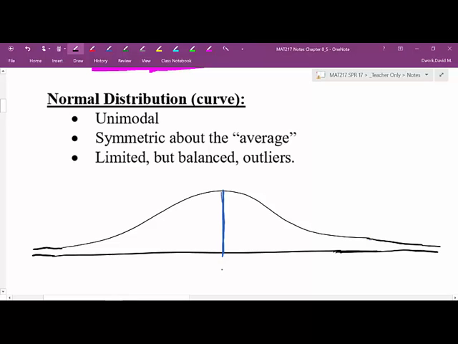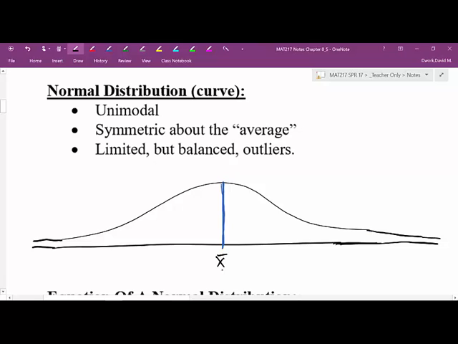And so what we're saying is the average comes in the middle, and that could be any of our versions of average. It could be mean, it could be expected value, it could be any measure of central tendency that fits as long as it has these properties. Unimodal, aka one mode, single mode. It has to be symmetric about the average, symmetric about the mean, and limited but balanced outliers.